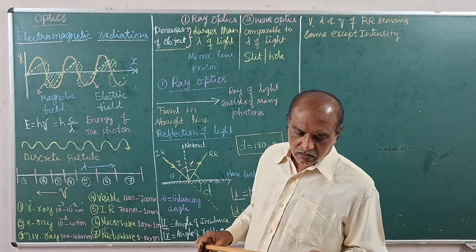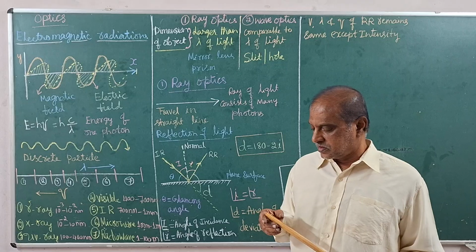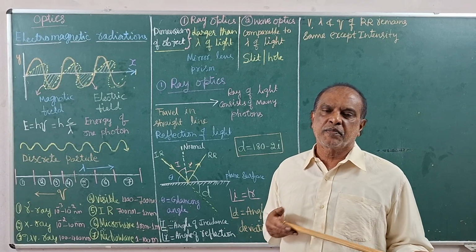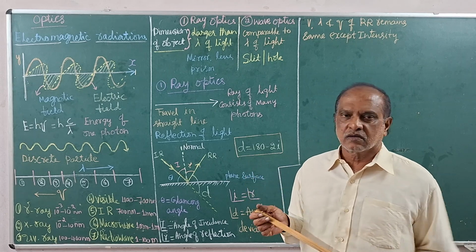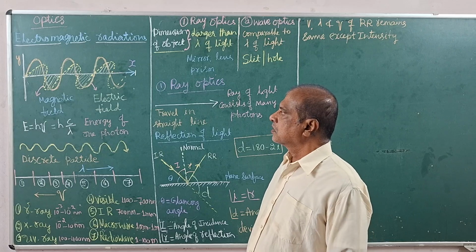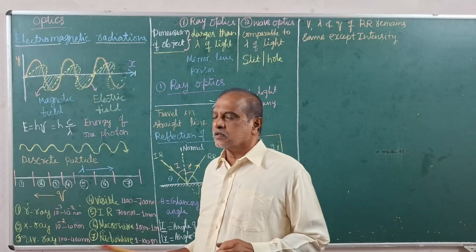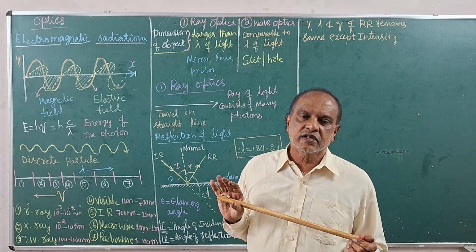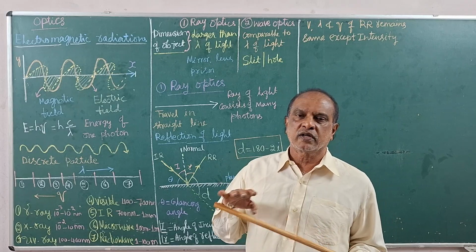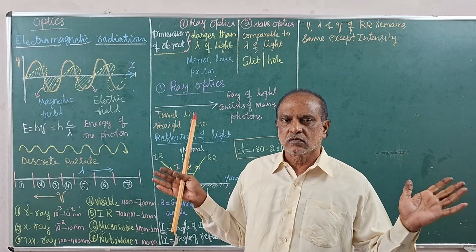The transmission of electromagnetic radiation in space doesn't require any supporting medium. It can travel in empty space as well as in gas or any medium. This electromagnetic radiation is an energy carrier, carrying energy from one point to another anywhere in the universe.